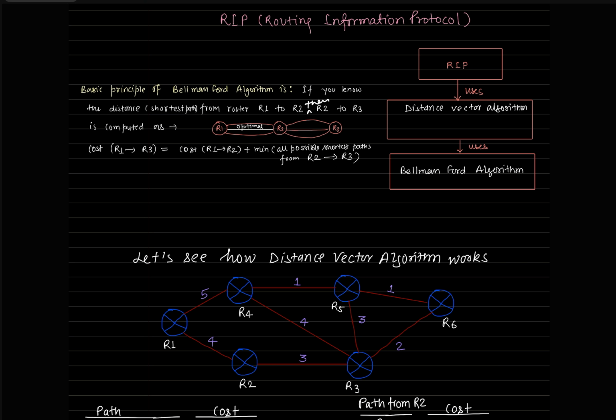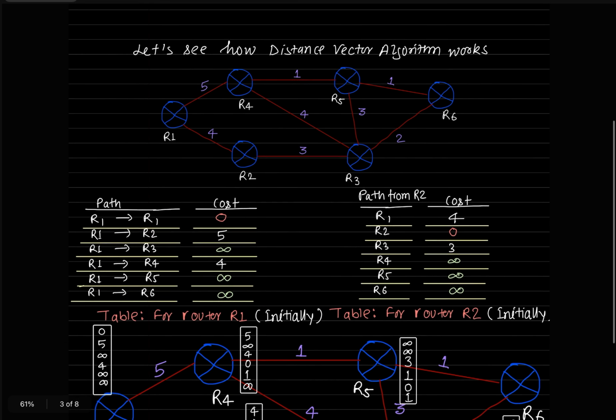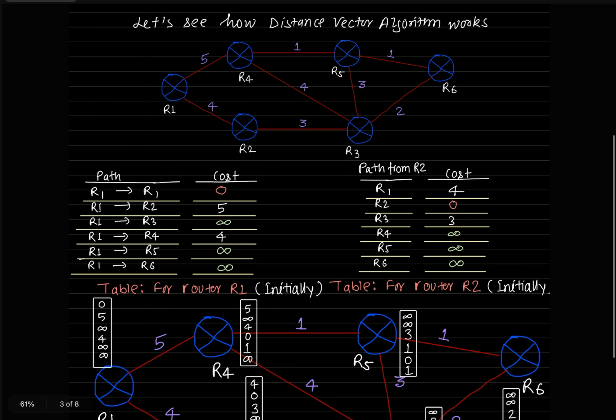As I told you, if you sum these two, you get the cost of R1 to R3. So let's see how distance vector algorithms use the Bellman-Ford concept, and these concepts will help us find the least cost path, as we have seen in the previous lecture.